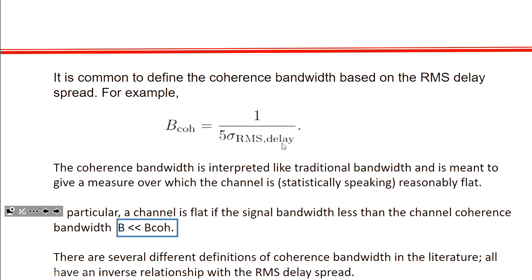This is the quantity that defines the severity of multipath propagation: how strong the multipath components are, how spaced they are. These things are well captured in one parameter called the RMS, root mean squared, delay spread of the multipath channel profile. In general, the multipath channel profile is a measured quantity.